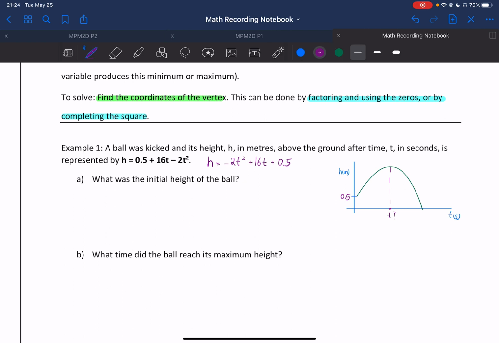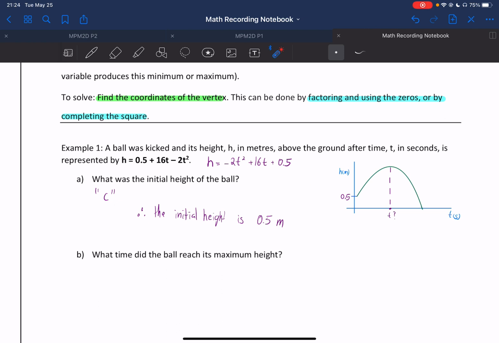The initial height is represented by our c value in the equation, and our c value is 0.5. Our height is represented in meters, so we can say the initial height is 0.5 meters, and we just got that from our c, this guy right here.